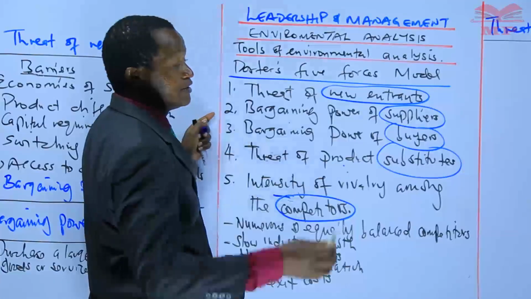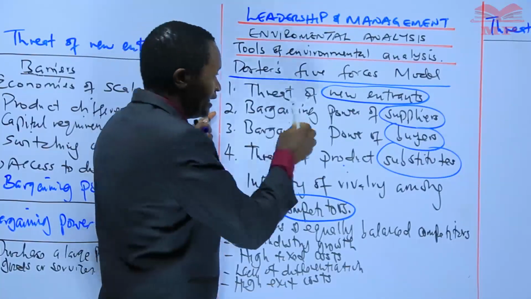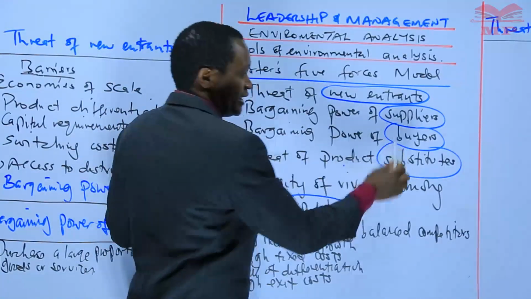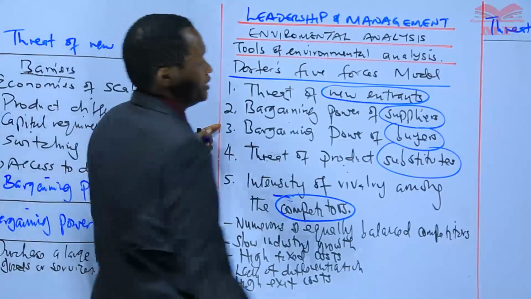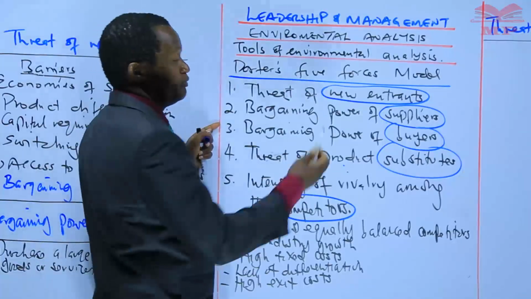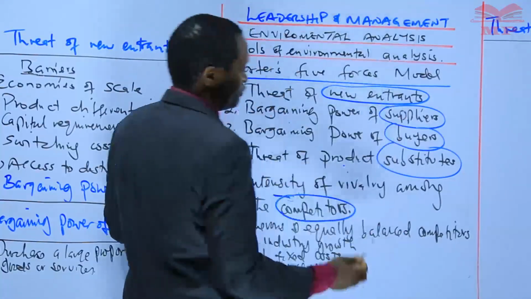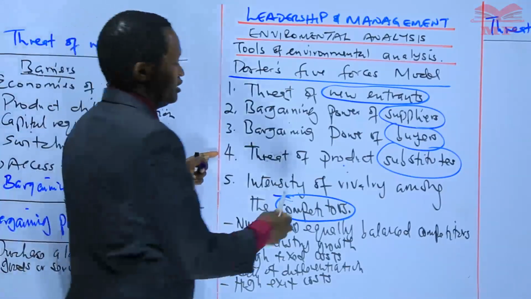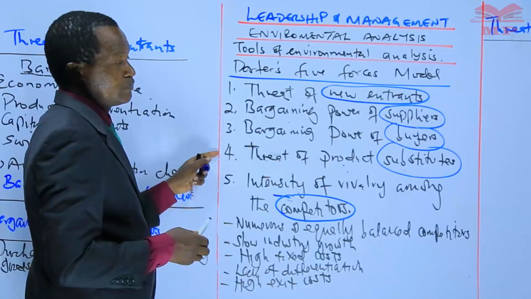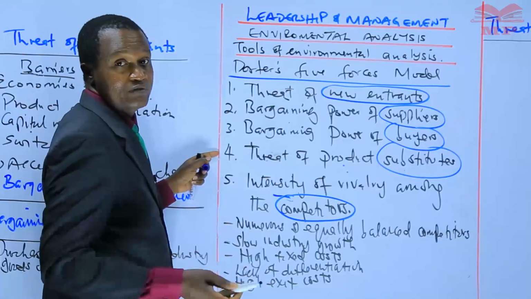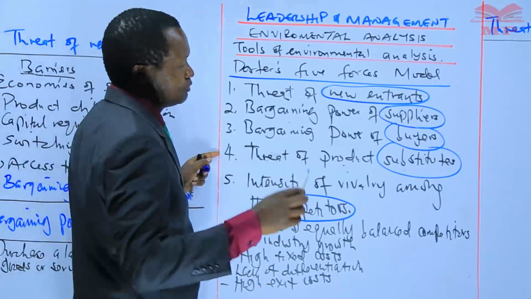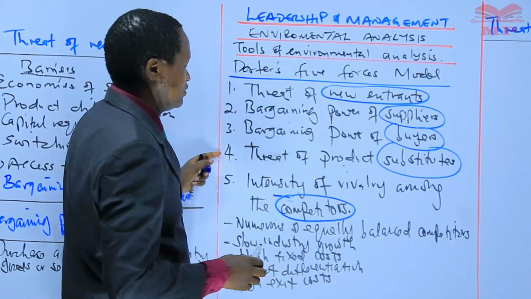Suppliers can threaten a business, the bargaining power of suppliers. We also mentioned the bargaining power of buyers. When the two bargain, that means profitability can reduce because you may be forced to bring down the prices of products. Threat of product substitutes can also bring your business down. That's why it's important to try and see if you can do product differentiation, and that may lead to customer loyalty to your products and services and so on.